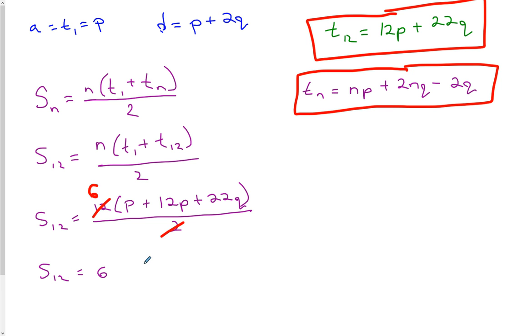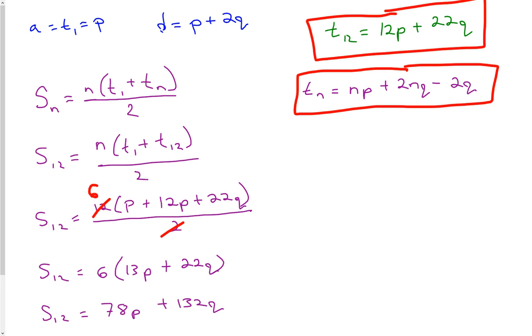So we got a 6 out front. Let's add up our like terms. We've got 13 p's and 22 q's. Then we got to multiply that 6 through the brackets. 6 times 13 will be 78p plus 6 times 22, 132q.